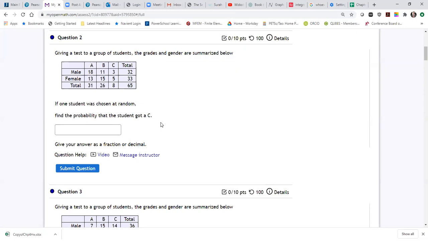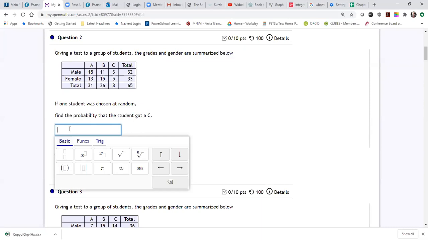But as you can see, you're simply looking for the probability of a student who got C. The total student got C is 8, right? So the probability will be 8 divided by the total, which is 65.